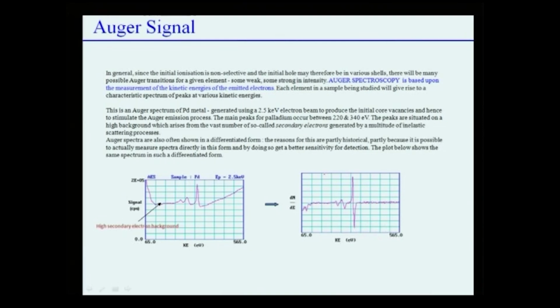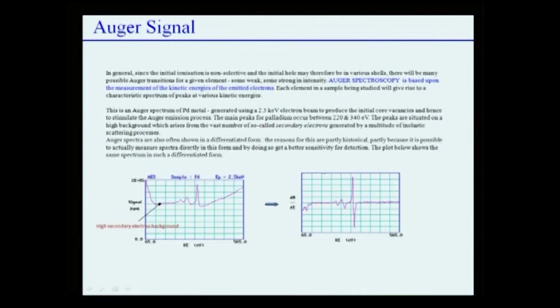Then there will be many Auger transitions possible for a given element. Some will be very weak, some will be strong. So AES is basically based upon the measurement of the kinetic energy of the emitted Auger electrons. Each element in a sample being studied will give rise to characteristic spectrum peaks of various kinetic energies. So that is how an AES spectrum will contain a large number of peaks, and that creates many times a problem.